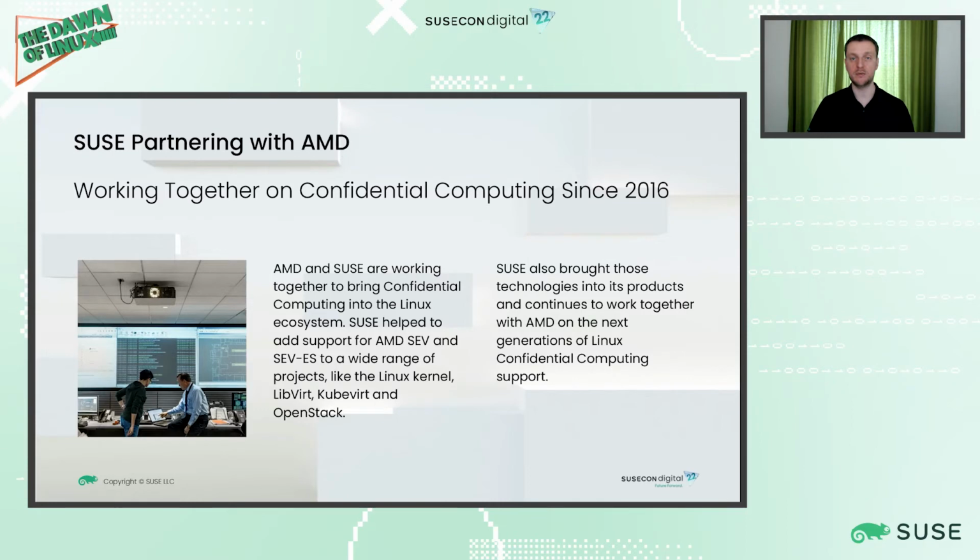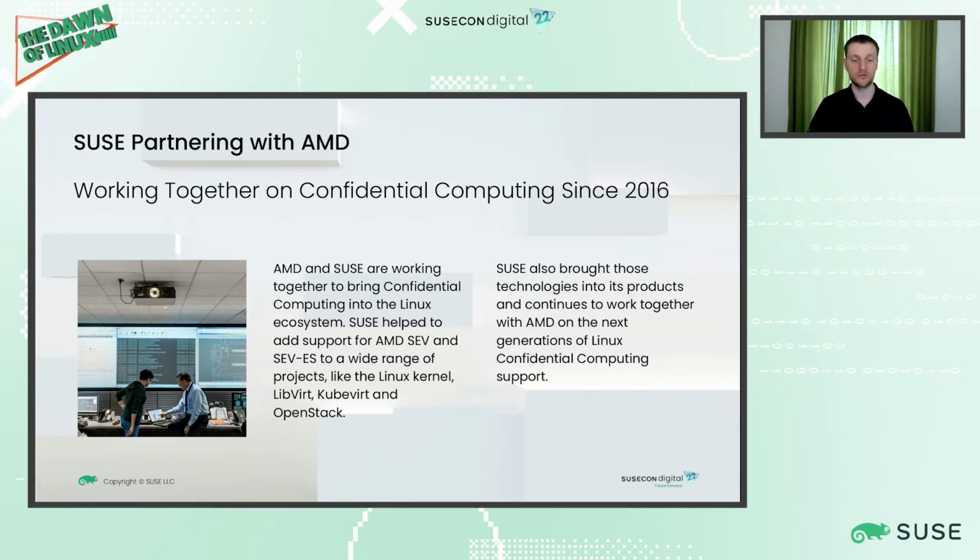But before we begin, I want to highlight our partnership with AMD on this topic. SUSE and AMD are partnering on confidential computing for quite some time already. Together we worked on several upstream projects to enable confidential computing capabilities for AMD SEV and SEV-ES.